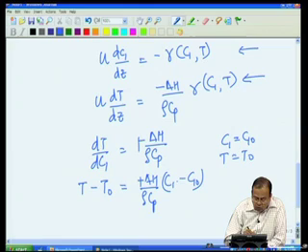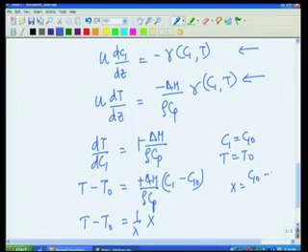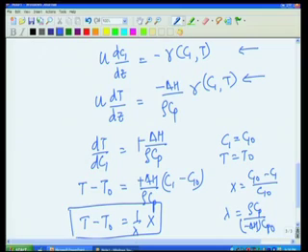So, here, I can once again write T minus T0 as 1 over lambda into x, by recognizing that x is C10 minus C1 by C10 and lambda is rho Cp by minus delta H into C10. So, this is my relationship for the plug flow reactor.